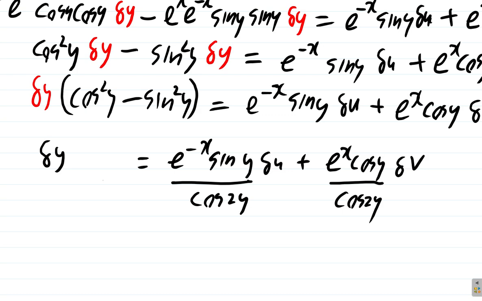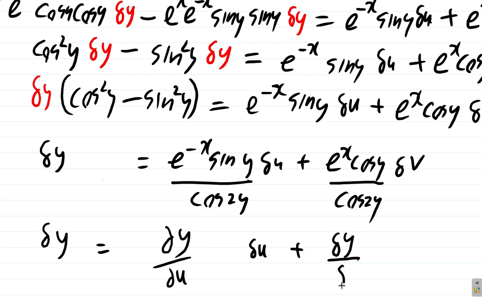Now we consider the general form: small change in y is equal to the partial derivative delta y by delta u times a small change in u, plus delta y by delta v times a small change in v.